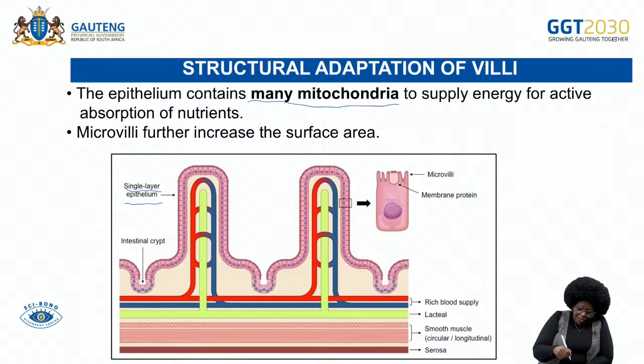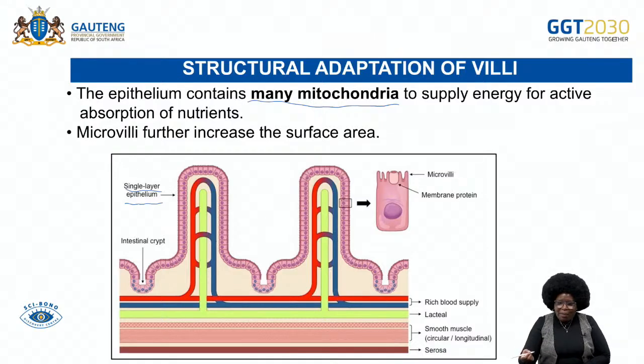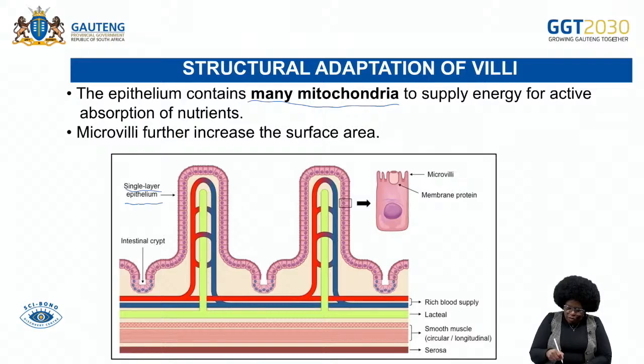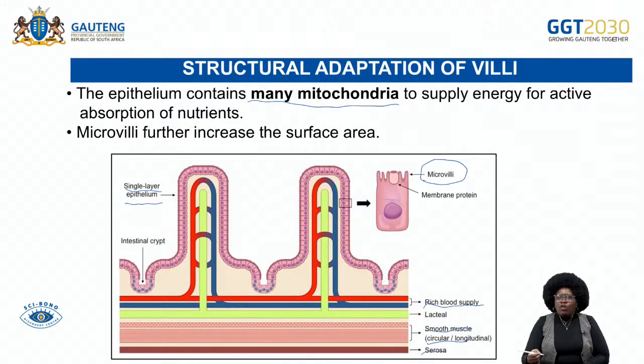Microvilli further increase the surface area. We've spoken about that. I promised you that you will see the microvilli. There we are. And we've got a rich blood vessel supply. We've got smooth muscles. We've got serosa. Serosa is part of the membranes found on the small intestines.